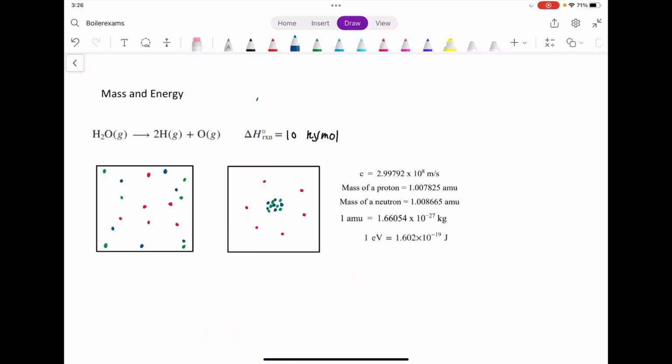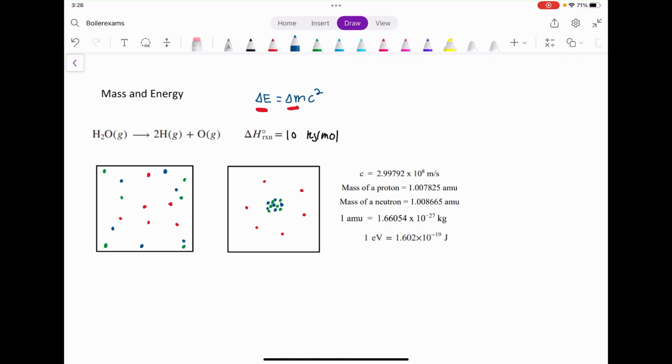We know mass and energy are related through this relationship, E equals mc squared. What this implies is that if we have a reaction that changes in energy, we're going to have a resulting change in mass as well.